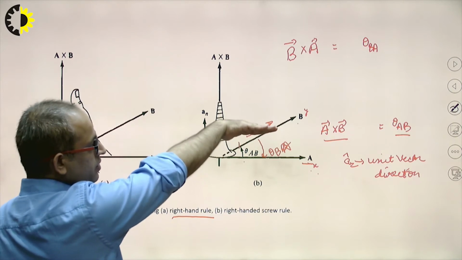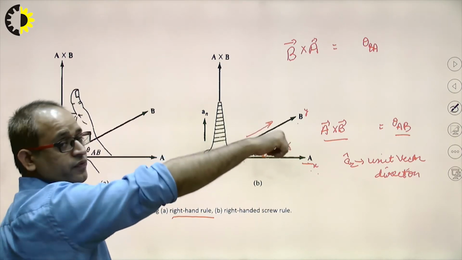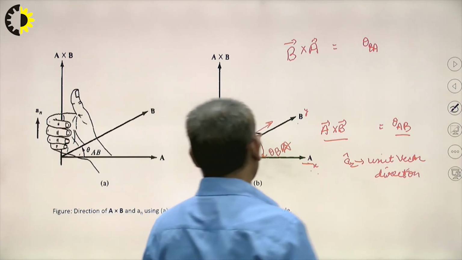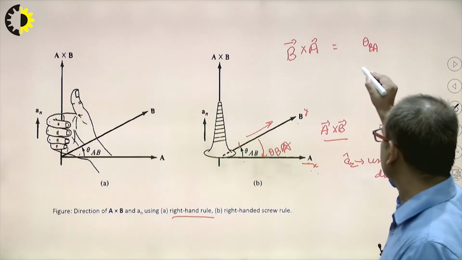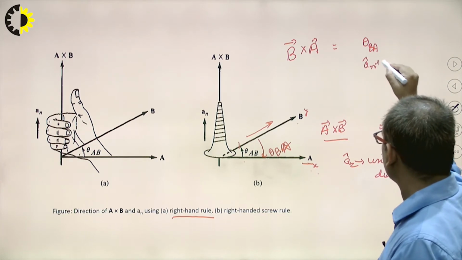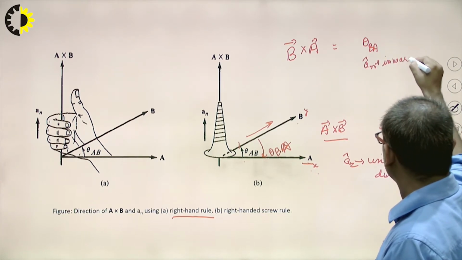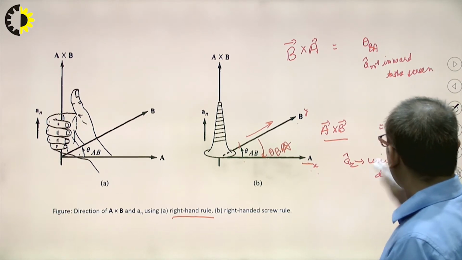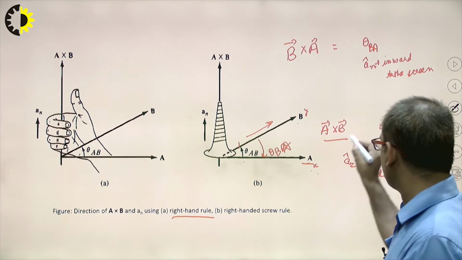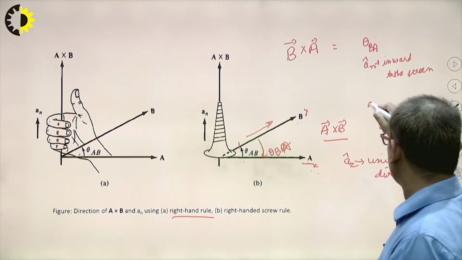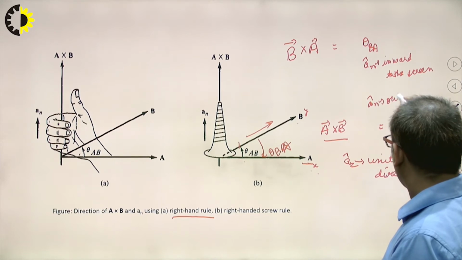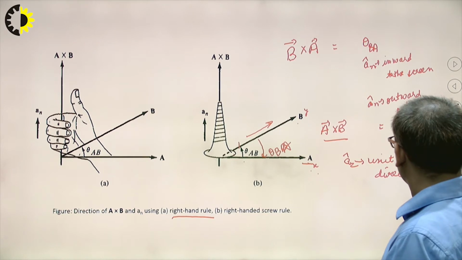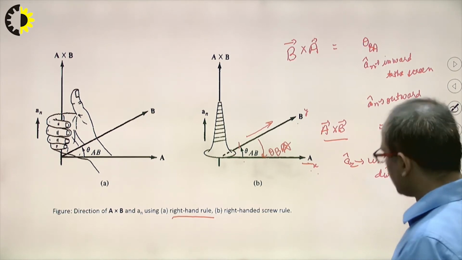You will see here that the direction of my thumb will be inward to the screen. Clear? So that means a cap n here will be inward, into the screen. And here, a cap n will be outward from the screen. Clear?